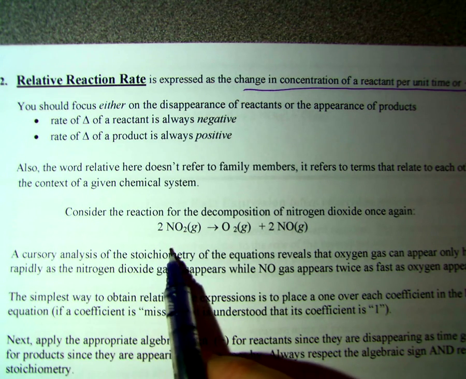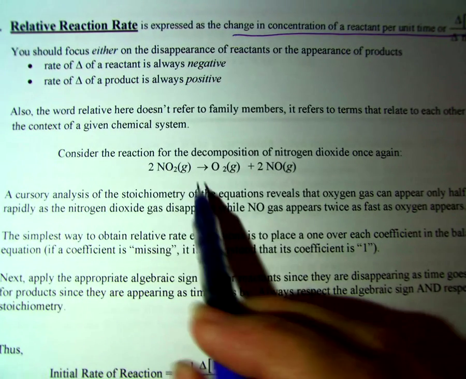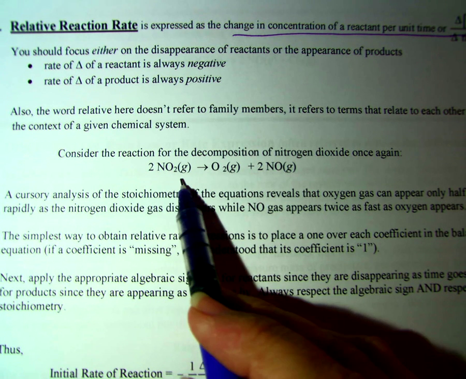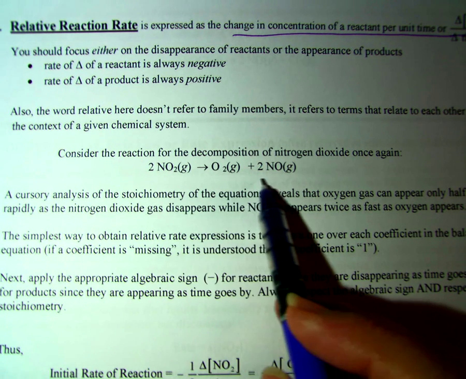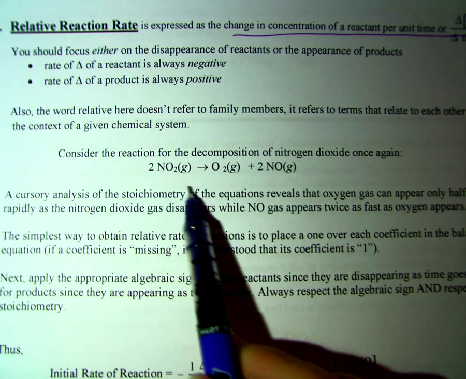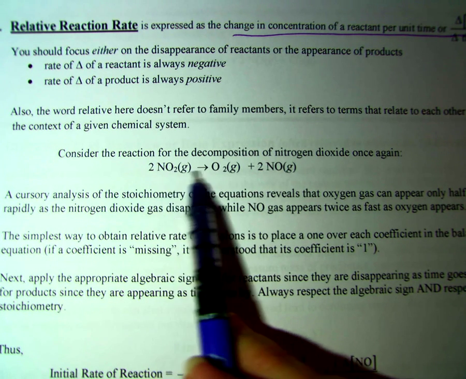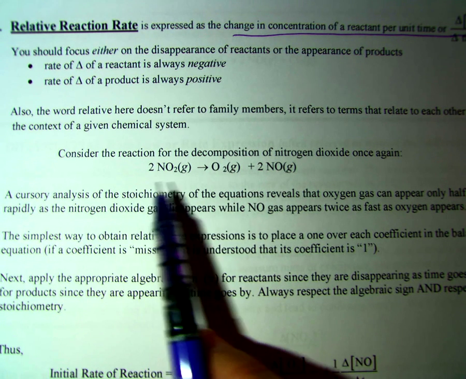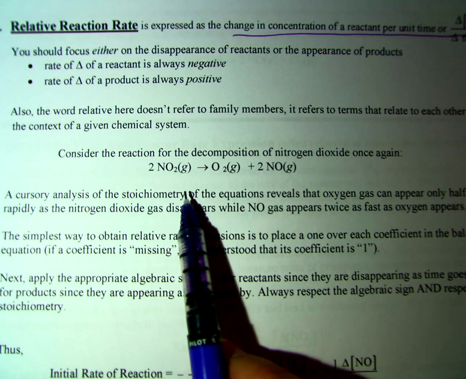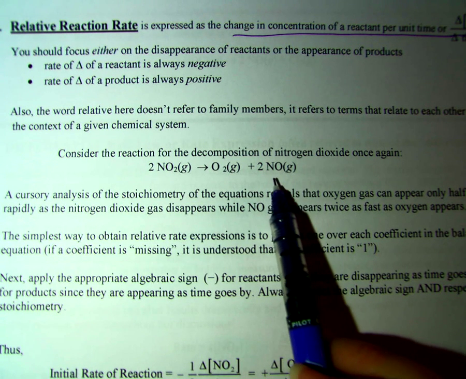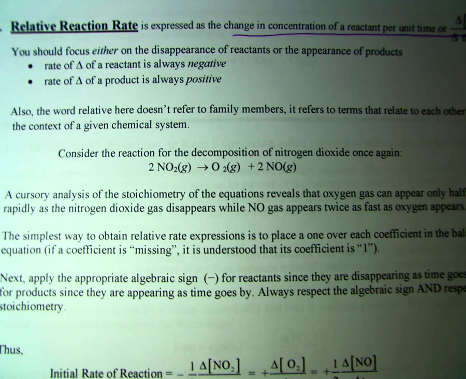So here is the exact reaction from the other page, 2NO2 yields O2 plus 2NO. And if you look at this, oxygen can appear only half as rapidly as the nitrogen dioxide disappears. And nitrogen monoxide appears twice as fast as the oxygen.